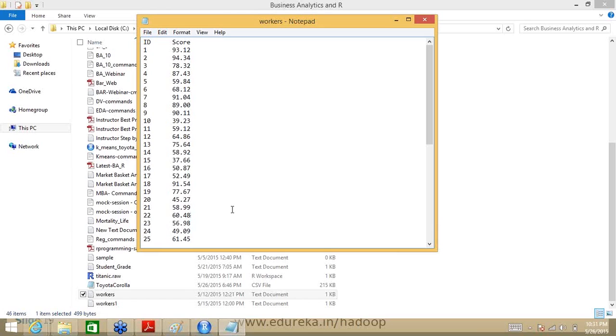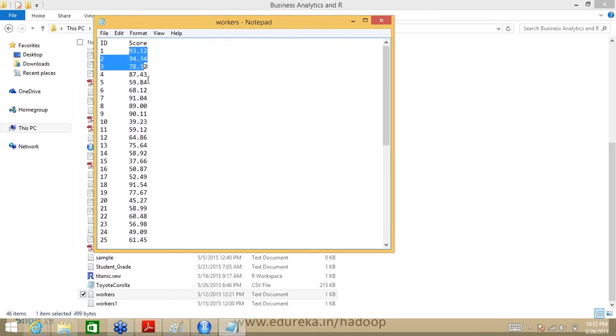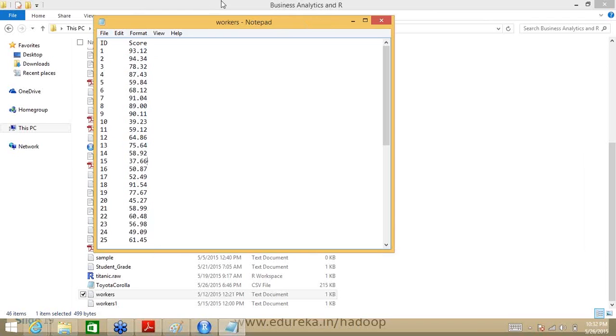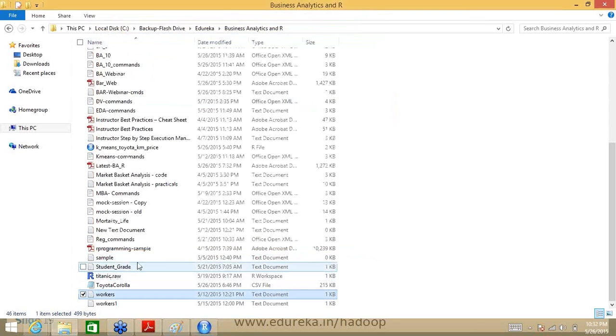We need to cluster them: who are the high performers and who are the bad performers. So that's the purpose of this. This data set is super simple. If you see this, there are certain scores which have been given. The higher the score, they are probably higher performers. So we need to cluster the ones who are bad performers, and that's how we are going to do it, right?